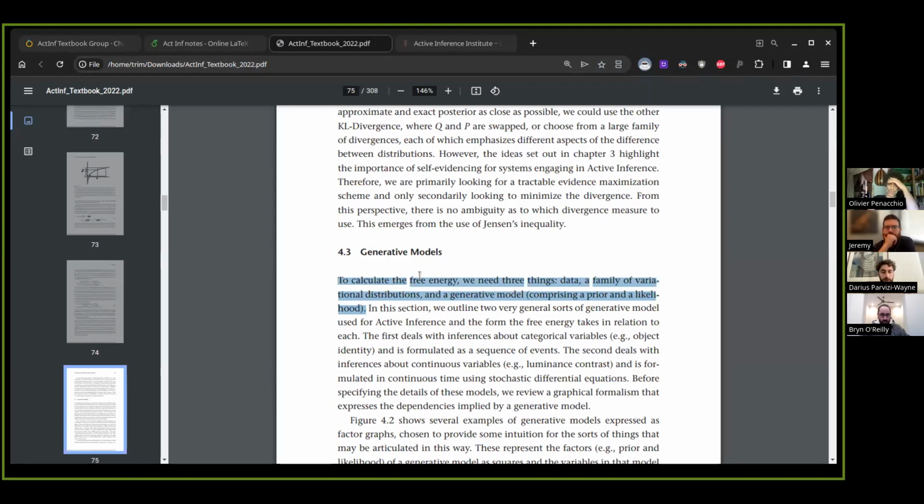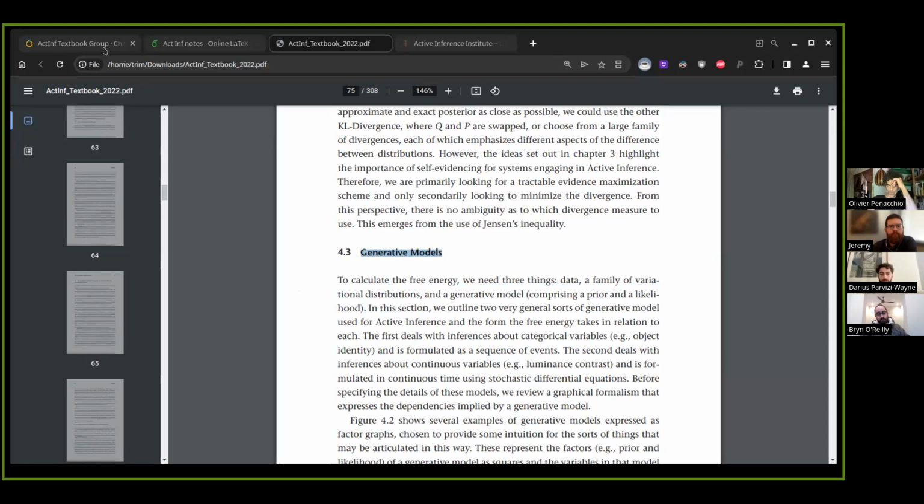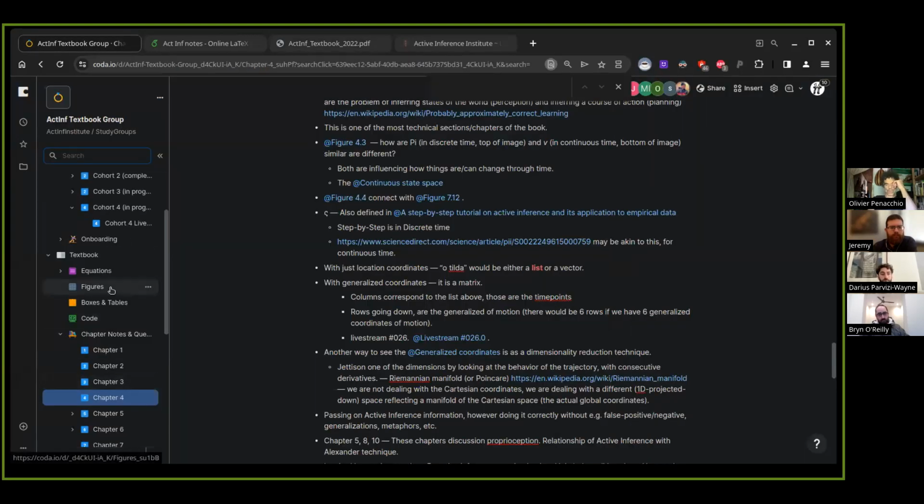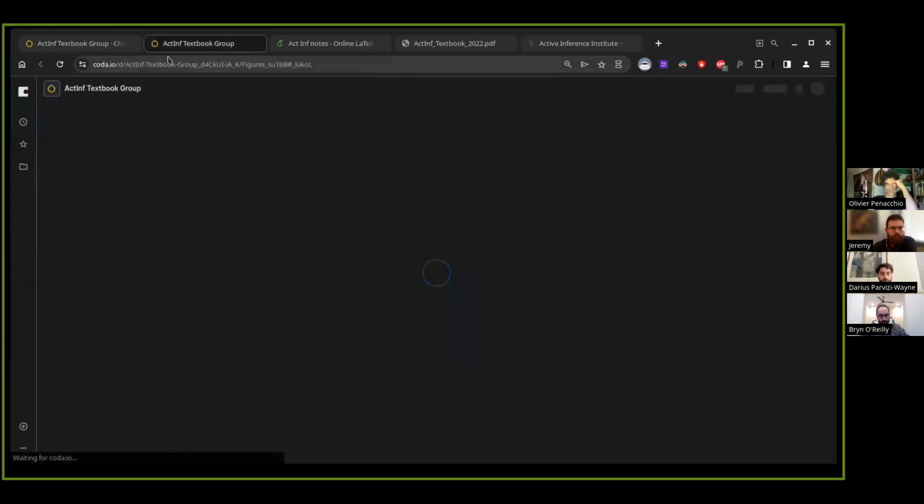They're kind of nested concepts, and it certainly does matter, so I can understand why it's a point of confusion. In the 2022 textbook that we're reading right now, the generative model is very clearly differentiated from the generative process.